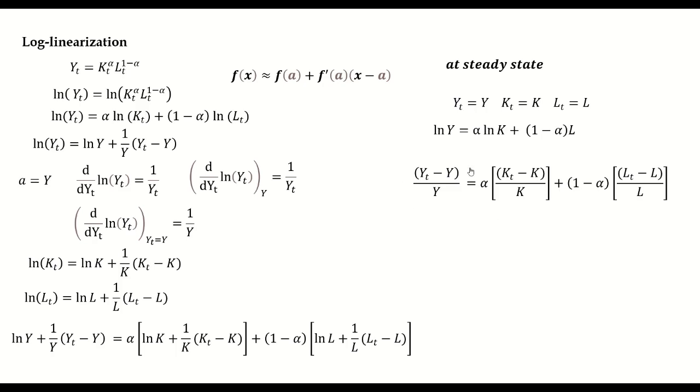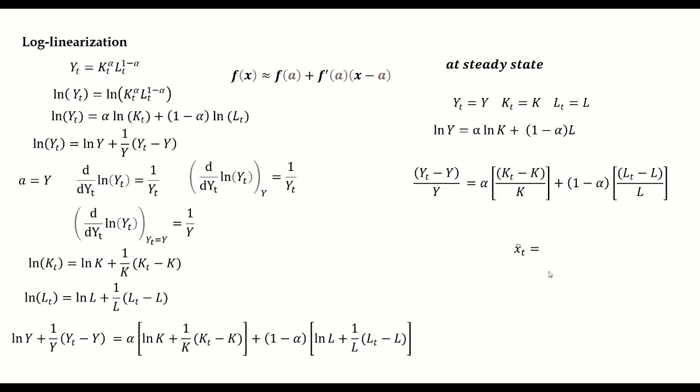So the percentage deviations in that variable are related to the percentage deviations in capital and labor through this form, which is linear. So we started with a non-linear production function. We finally ended up at a linearized version of it, where we represented that variable as a percentage deviation from the steady state.